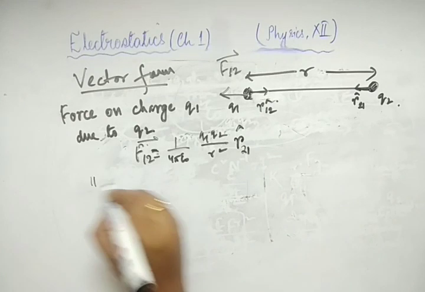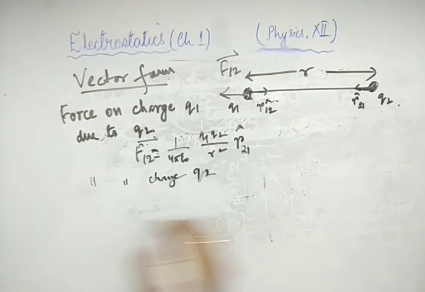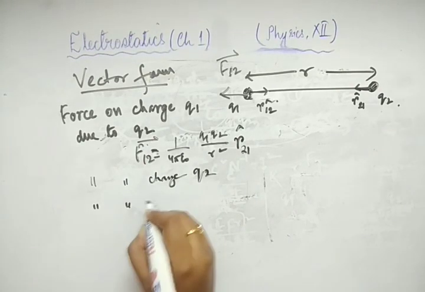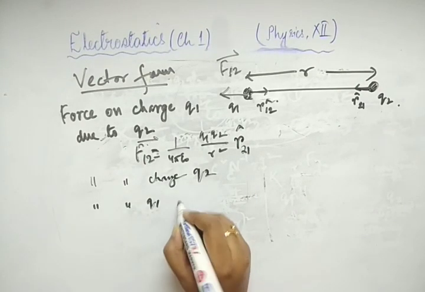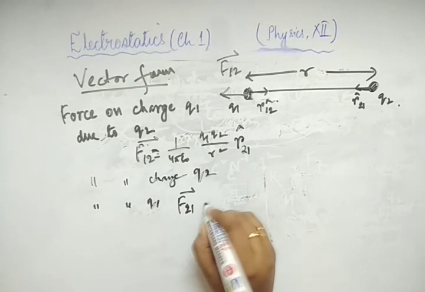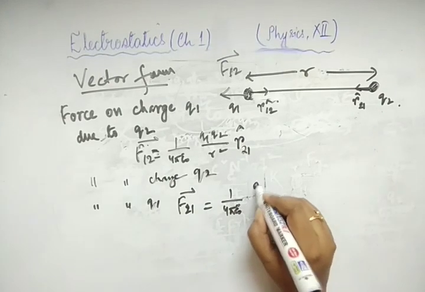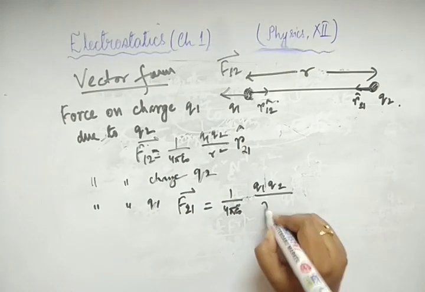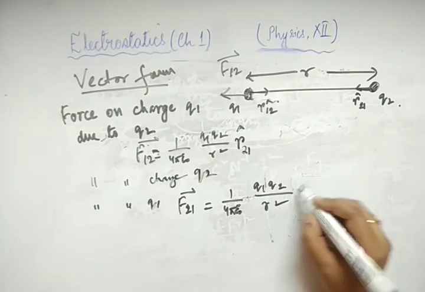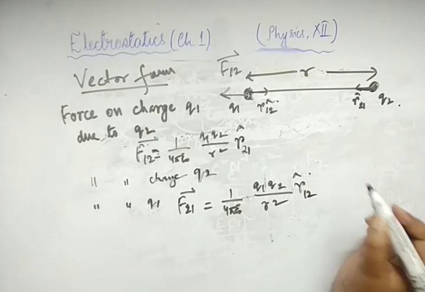Now similarly, force on charge Q2 due to Q1 can be written as F21 vector equals 1 by 4 pi epsilon naught Q1 Q2 by R square. R square will be the same because the distance is R. So it will be R12. Why?